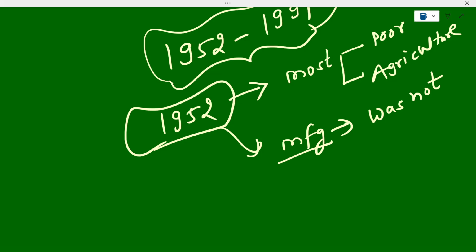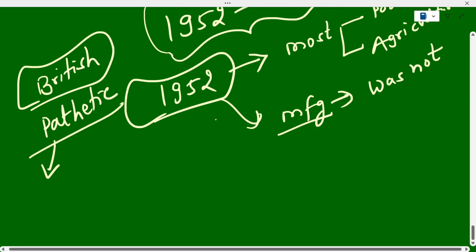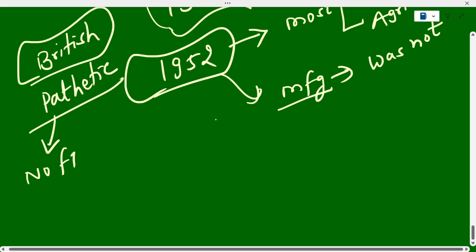I cannot say the backbone was poor or malformed or still in development, because the real reason is that the situation in which the British left us was so pathetic that at first no foreign investor was interested in investing in the development of Indian industry.